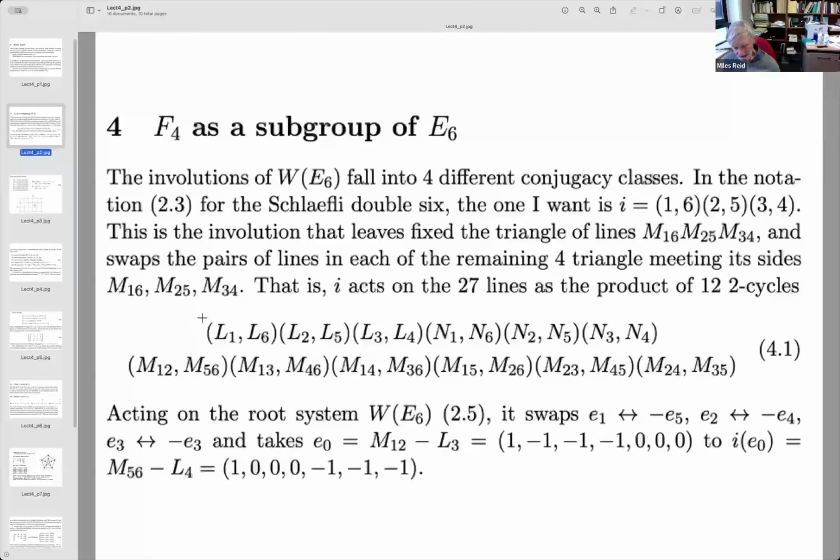So I gave you notation for the root system last time, and I hope I've got the right one. I'm just taking the picture of the Dynkin diagram of E6.